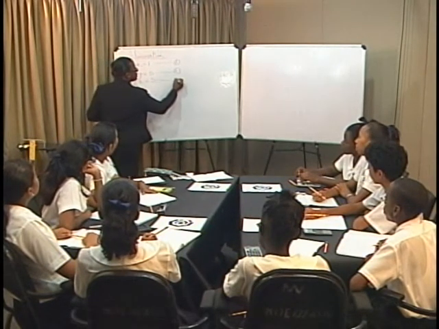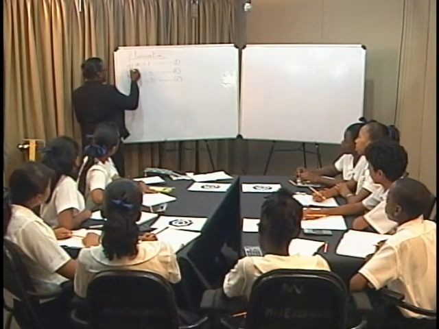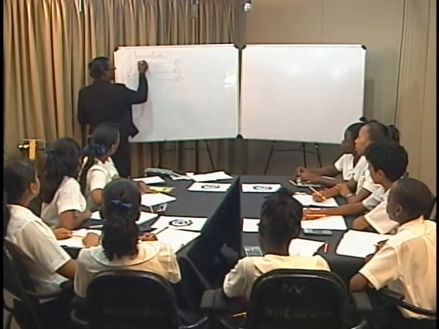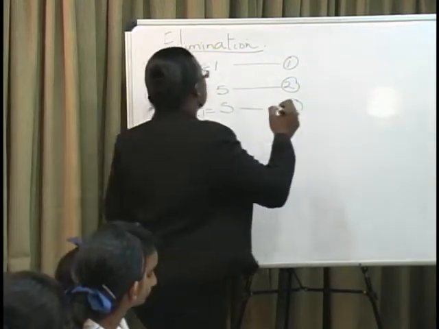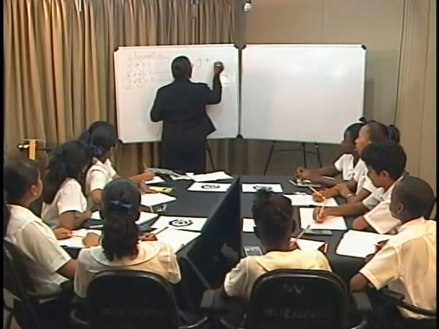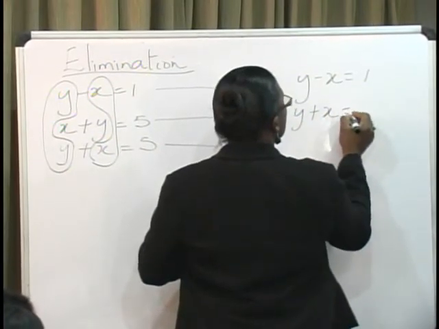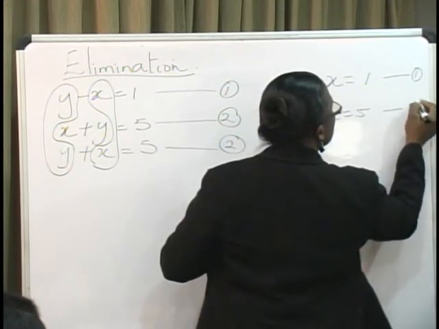This is the same equation 2. But what we have done is aligned the y's in the first position, and aligned the x's in the second position. So let's write them back. y take x equals 1, and y added to x equals 5. We have our two equations here.